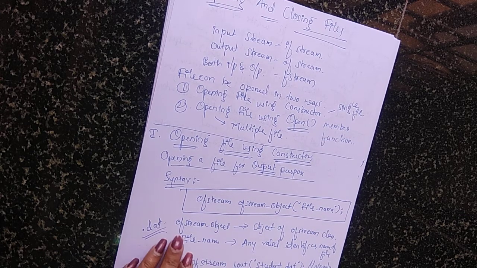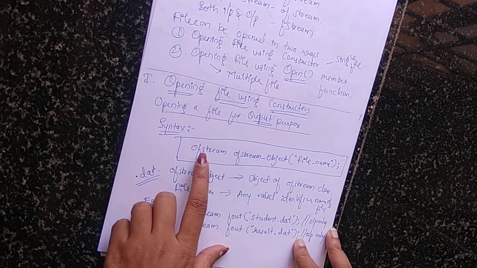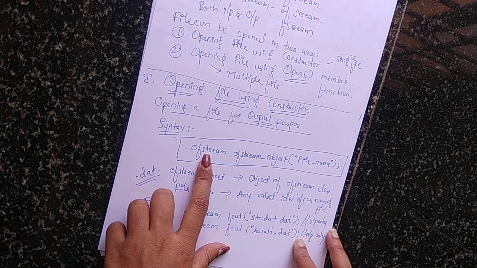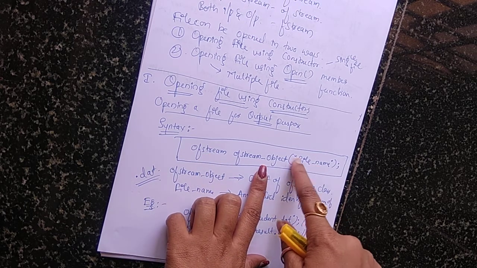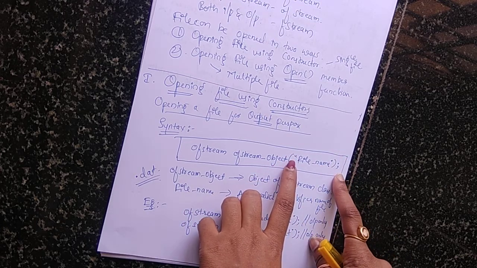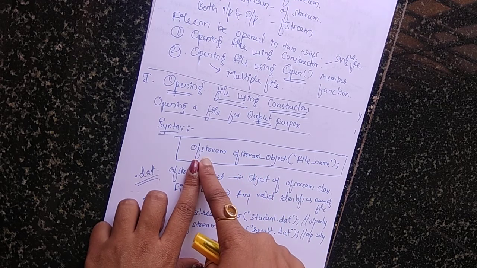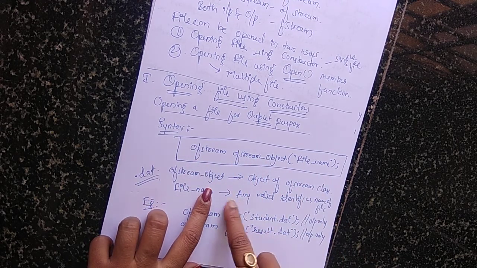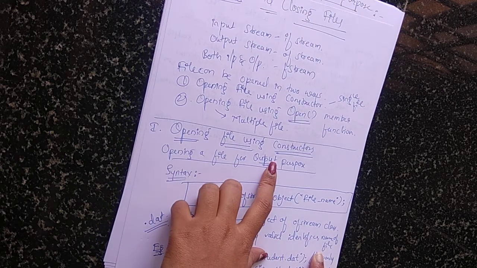We'll see one more time. The syntax for opening a file for your output purpose is the ofstream class name, ofstream object, and a file name in double inverted commas, in parentheses, ended with a semicolon. Where this ofstream object is an object of your ofstream class, and file name is any valid identifier file name which you are opening for output purpose.